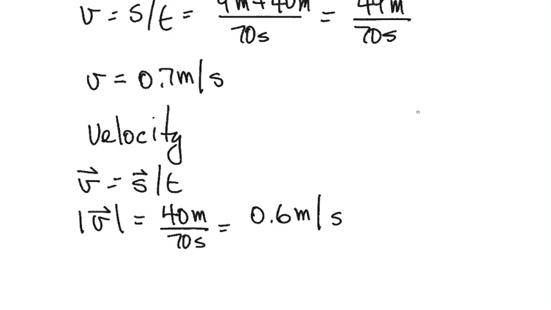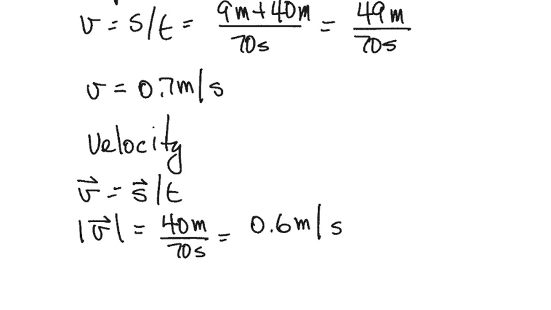Now, how do I calculate the velocity? The velocity vector is the displacement vector divided by time. This right here stands for the magnitude of the velocity vector. The vertical lines or absolute value sign means the magnitude of the vector inside. Well, I know the displacement was 41 meters, that was given, and the time was 70 seconds, also given. Gives me the magnitude of my velocity as 0.6 meters per second.